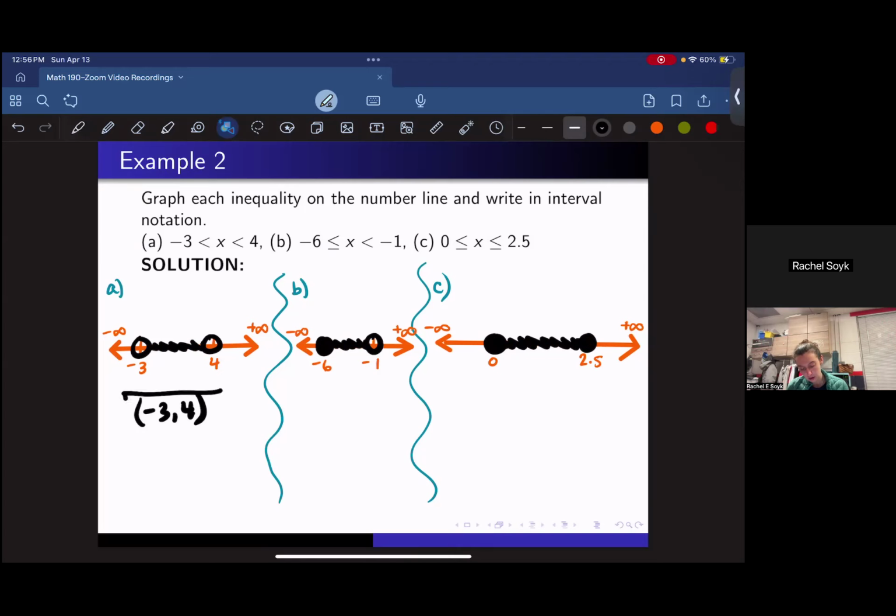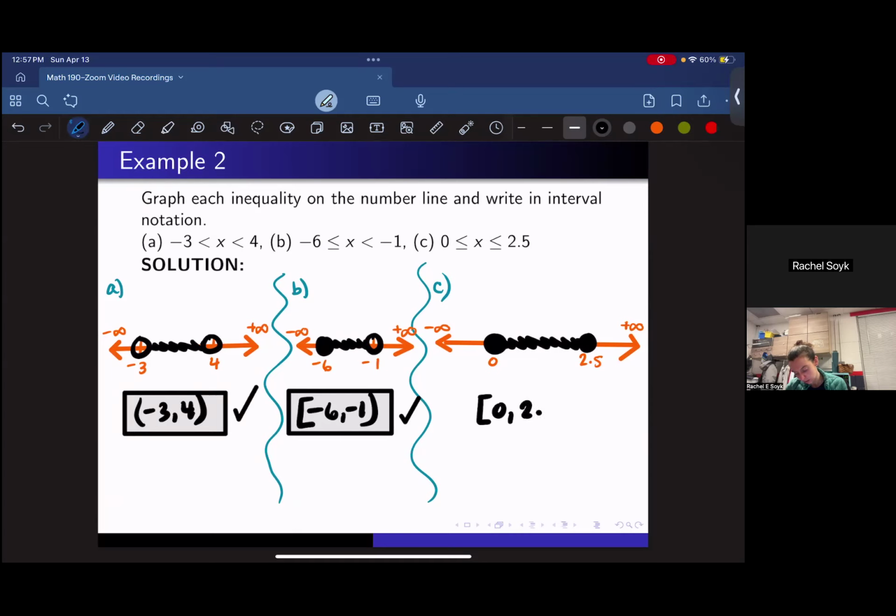Next one, we have hard bracket, -6 to -1, soft bracket. And then finally, the last one, we have 2 hard brackets, 0 to 2.5. We're done.